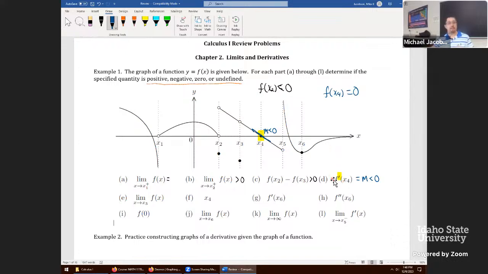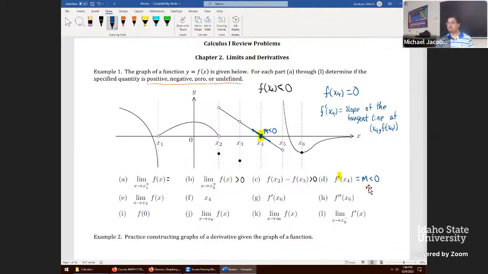When it says f prime at x4, the way to think about this is f prime at x4 is the slope of the tangent line at x4, f of x4. So when we go to that point, we're right over here. The slope is negative, so that means the derivative itself also has to be negative.